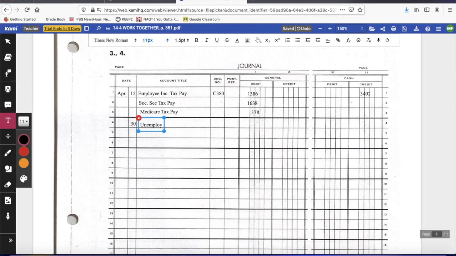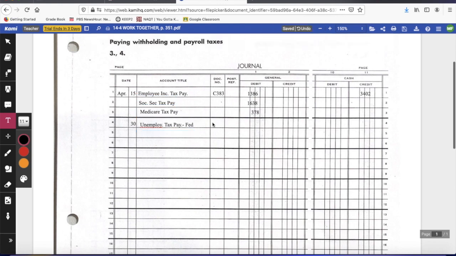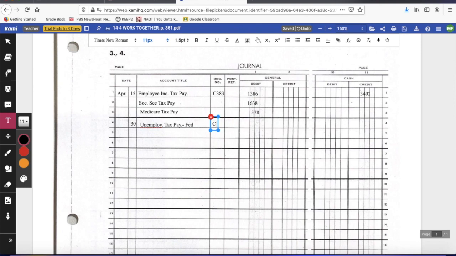So you're paying your unemployment tax payable, federal. You also have a check number that it tells you, C401.